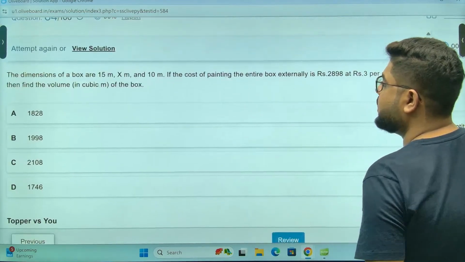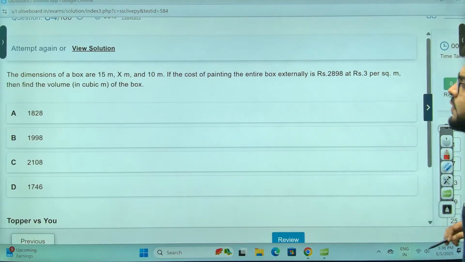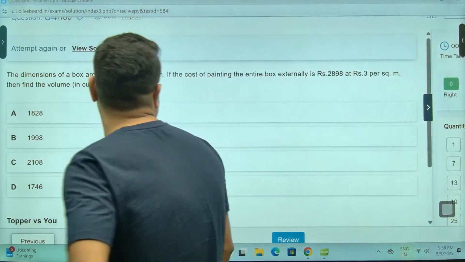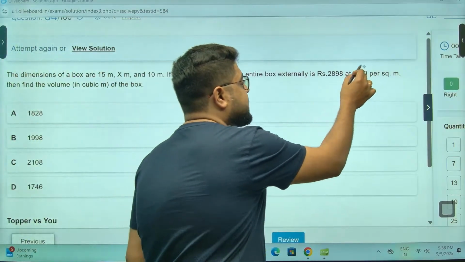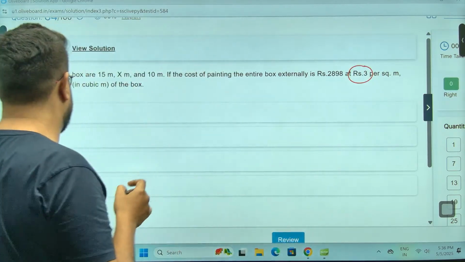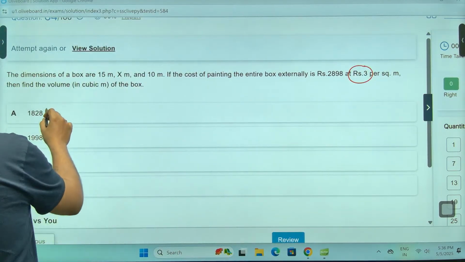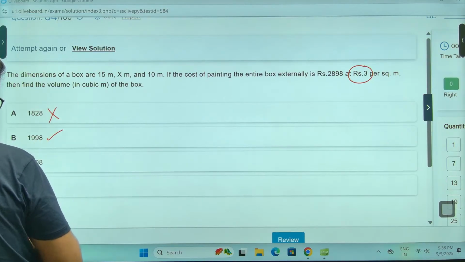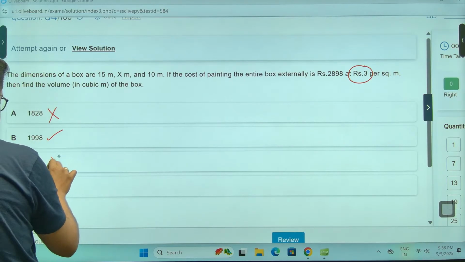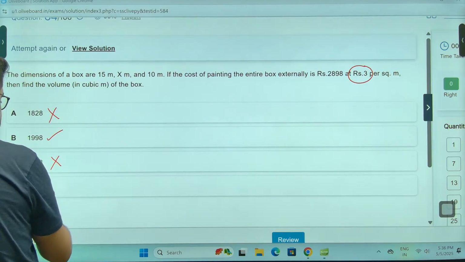Dimensions of this box are 15, X and 10. Cost of painting is rupees 3. Sir, the answer will be a multiple of 3. Not this one. So this can be not this one. 7, 6, 10.